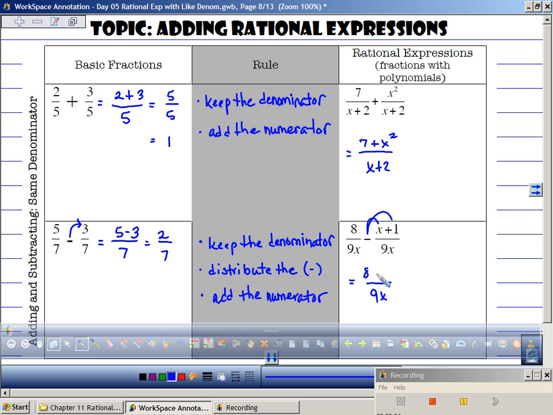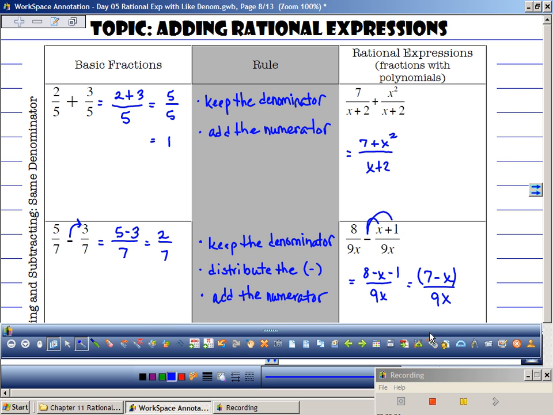I have a negative x and a negative 1. 8 and negative 1 makes 7, and I have a minus x. I can't simplify it any further than that because I have a negative sign. This is a quantity because it has a negative. We can't do anything else other than that. Questions?